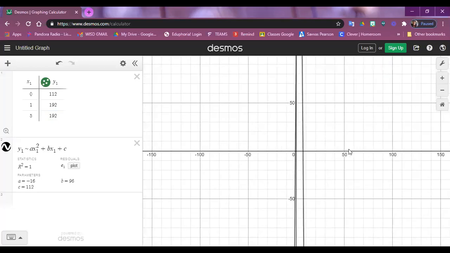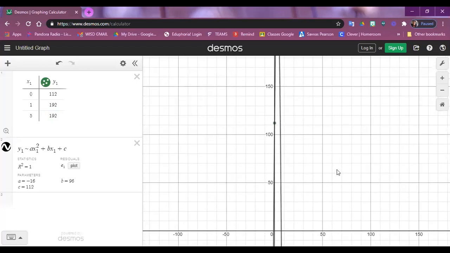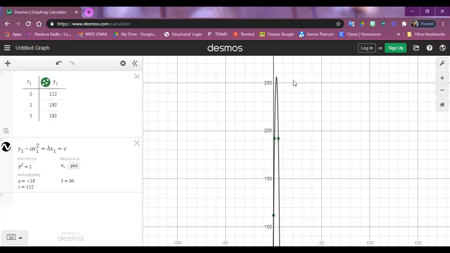I have to zoom out a lot. But there is my equation, my values. So now I know what my a is, my b is, and my c is. From plugging this in, we have that a equals -16, b equals 96, and c equals 112.